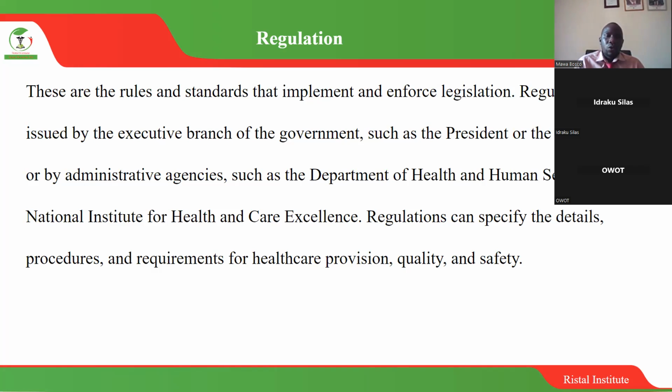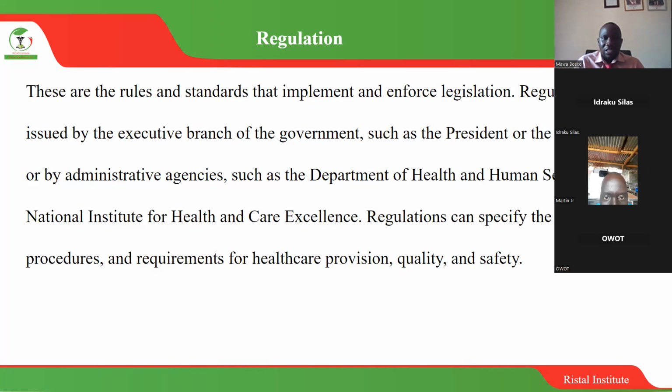You also have sometimes the executive playing an important role, releasing what we can call executive orders. Okay. And then these can be implemented by the different organs or agencies within the government, especially under the Ministry of Health, where you can have different departments that are responsible for enforcement.